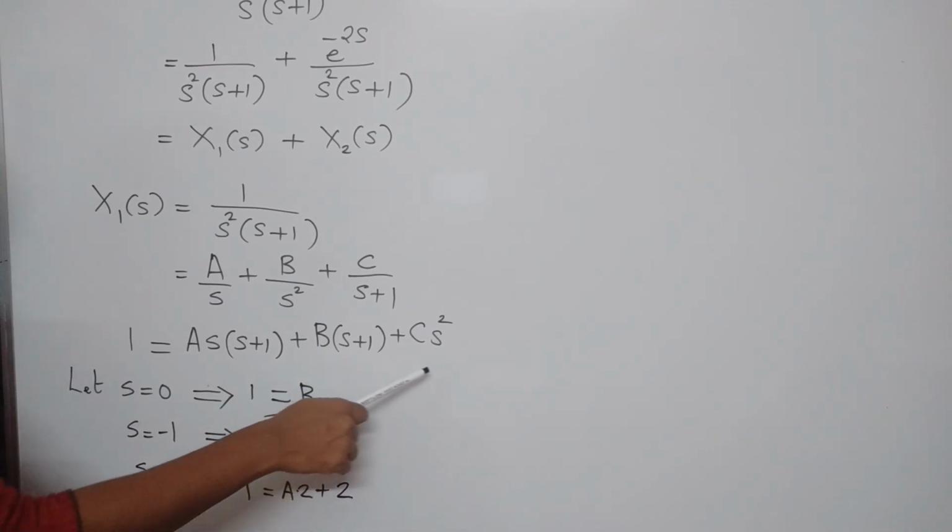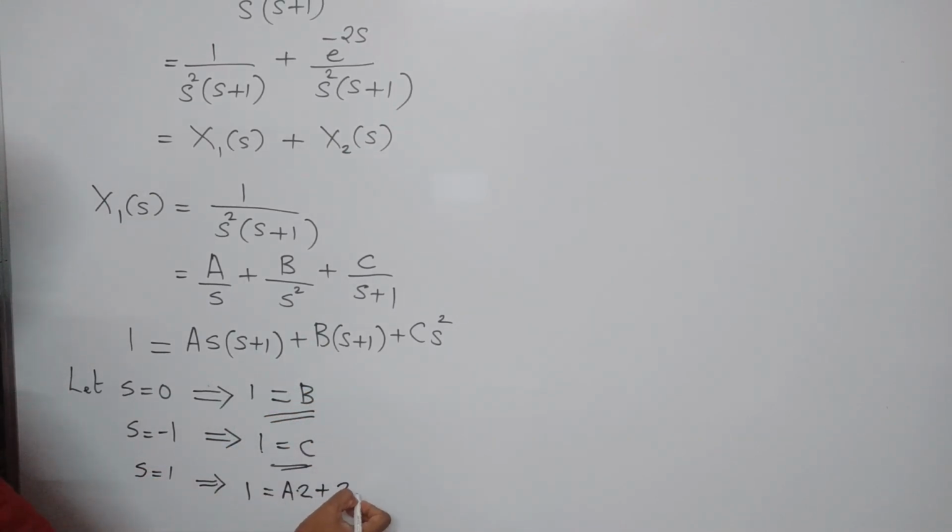C is 1, 1 square is 1, so plus 1. Or we'll get A equal to minus 1. So we got all the three variables A, B and C.